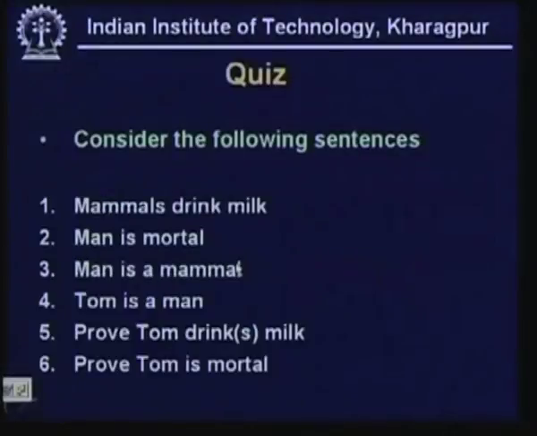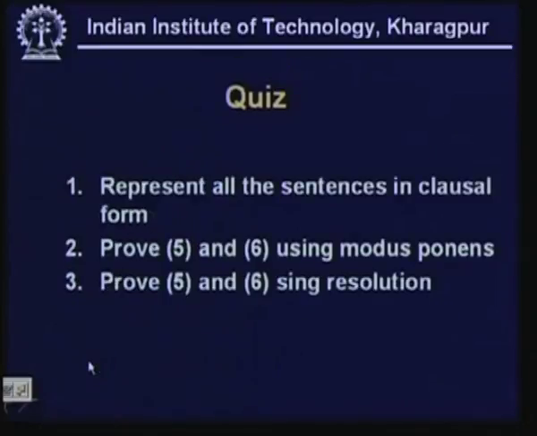Now, prove 5 and 6. So, these are the two. Prove these 2 statements 5 and 6 using modus ponens. Sorry, all the typos here. And again try to prove 5 and 6 using resolution. Okay. Try to prove them using modus ponens and resolution. So, that is the assignment that you should try.